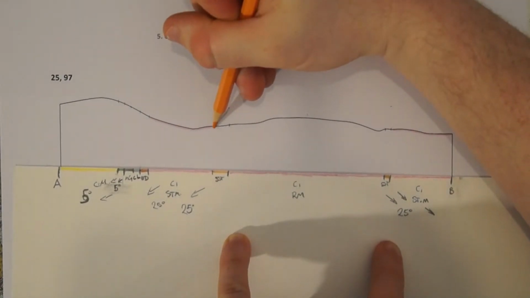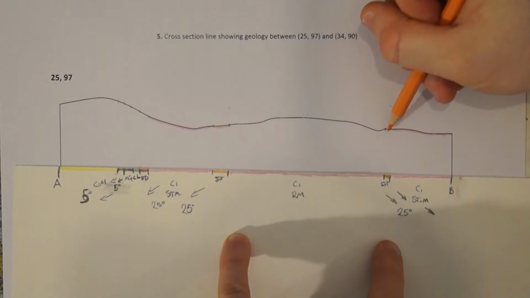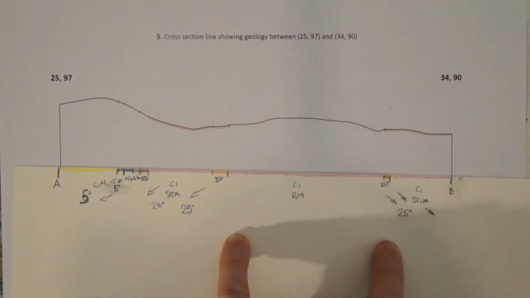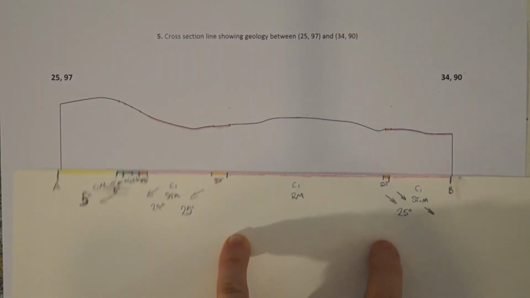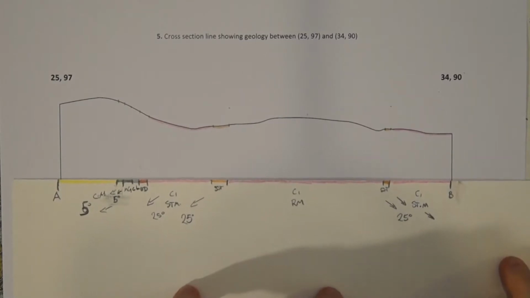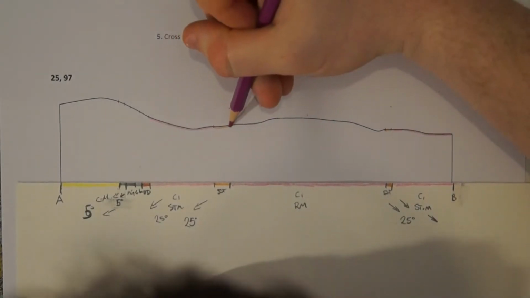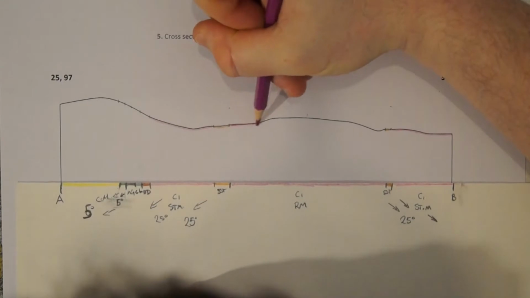That's my St. Morgan group. That's my sandstone. Then I've got my Raglan Marls in the middle of my fold.